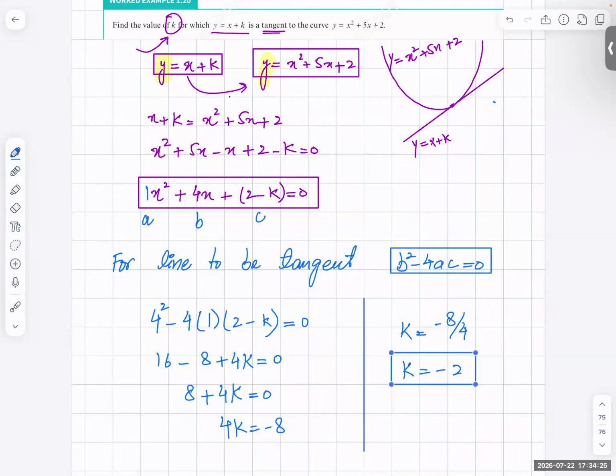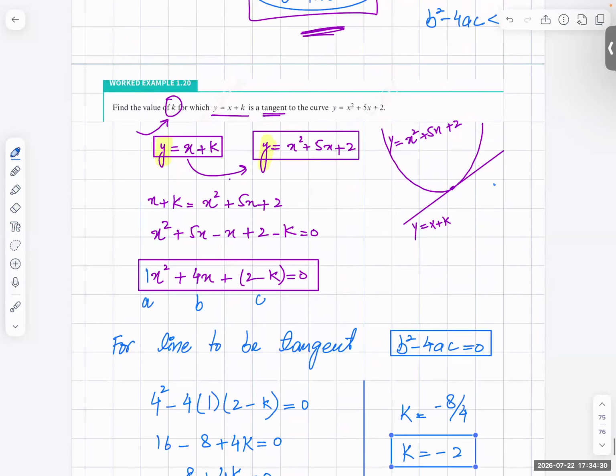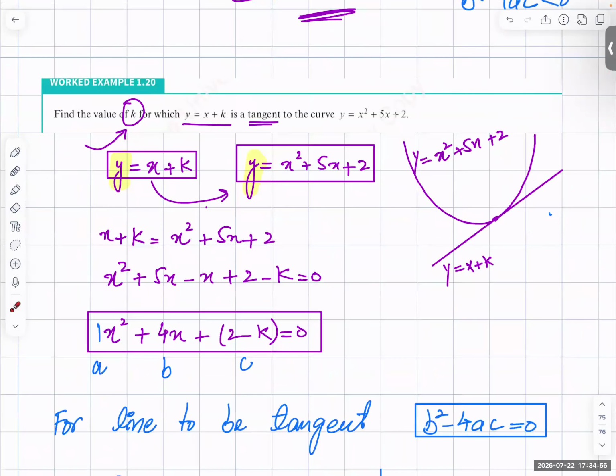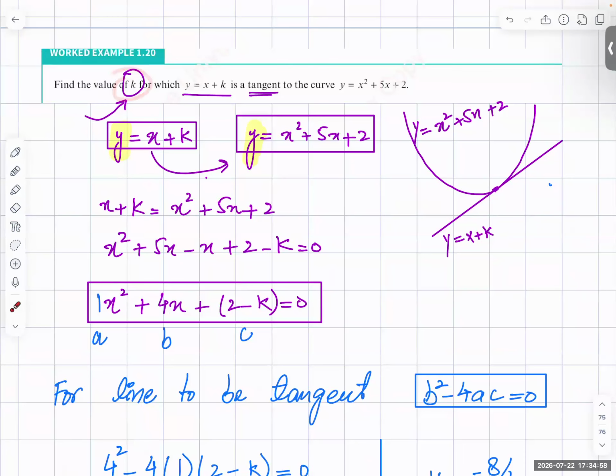Yes. Okay. So what we basically have is a linear line and a quadratic curve, okay? And we need to find the value of k for which this is tangent to the curve.